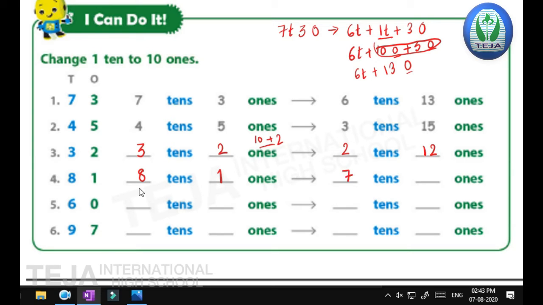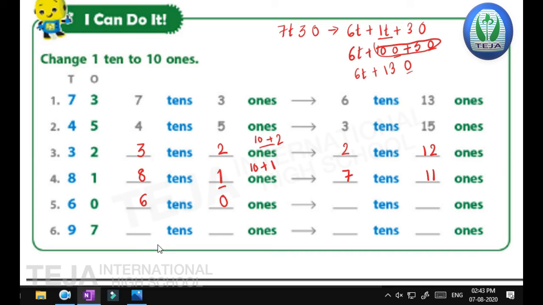Now 1 ten equal to 10 ones, and already in the ones place what is there? 1 is there. So 10 plus 1 is how much? 11 ones. Now fifth question, children, here the number is 60. In the ones place 0 is there, tens place 6 is there. That is equal to 6 tens, 0 ones.